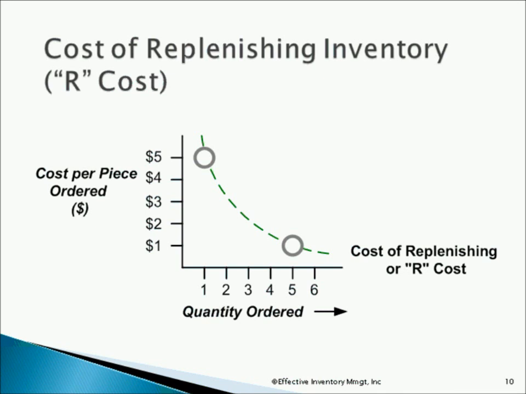If you're typically buying 50, 100, 500 pieces of an item, you will probably see that your cost of replenishing inventory is very, very, very small. Maybe a half cent per piece, something like that, or maybe even less.